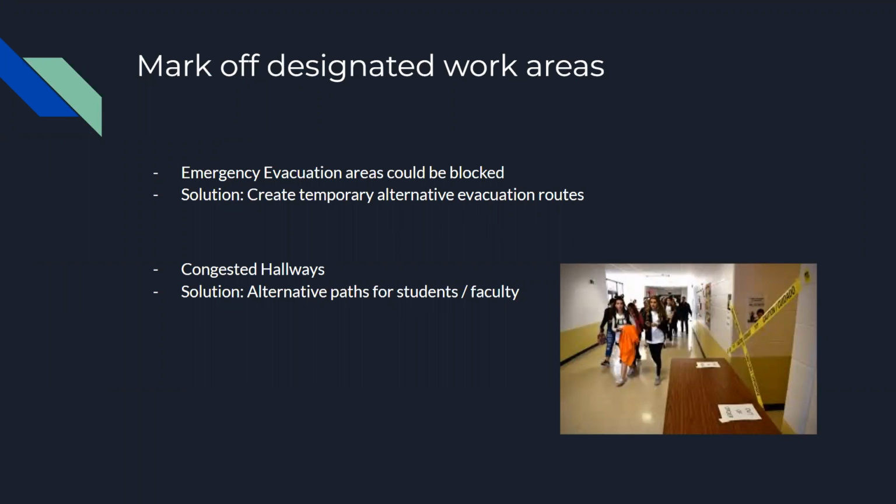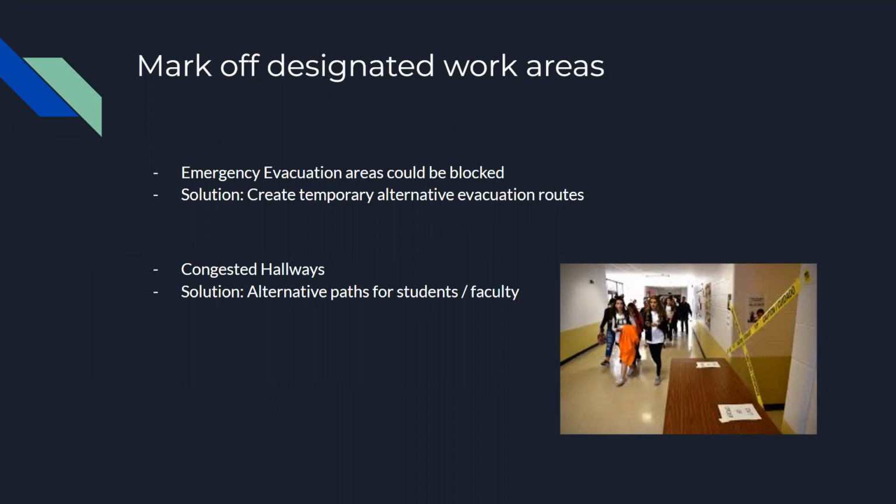As you know, this is a university, and it will be a working, living, breathing university as we work. For this reason, we're going to mark every single area that we work on and make an alternative emergency evacuation area, because we will be blocking some hallways and we will need to tell the students how to get to safety.